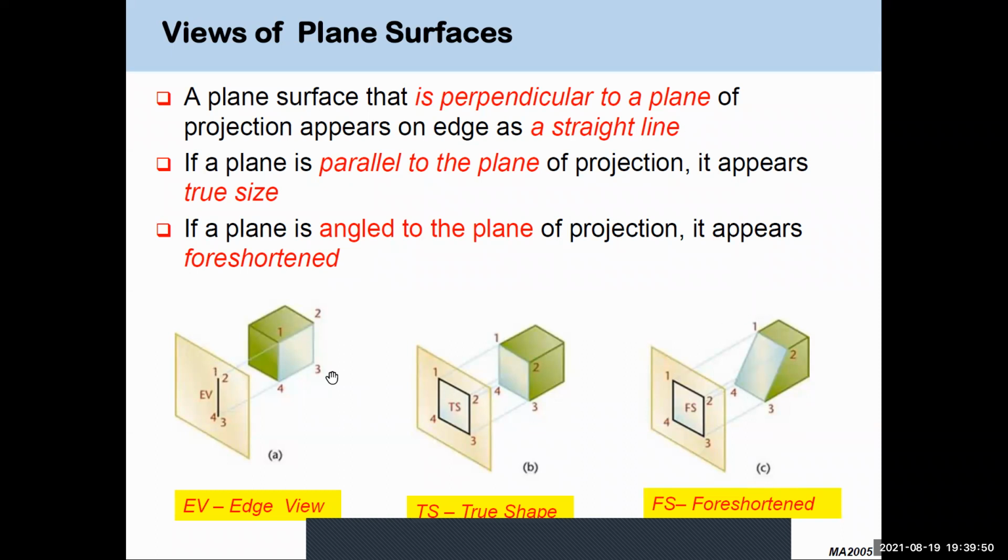So all three are the same. If you look at the slanted edge, it'll appear shorter from your point of view. Imagine in real life, when you look at a building from very below, the total height of the building is shortened.